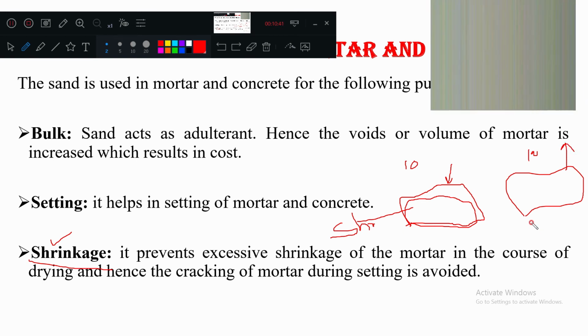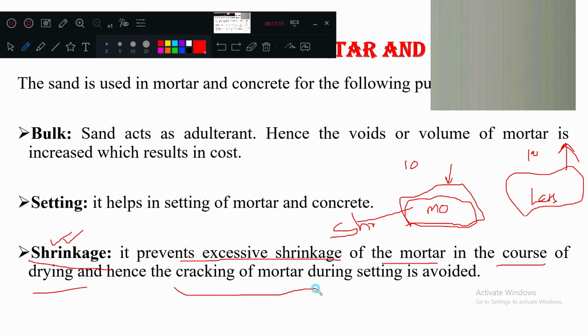What is happening? In both cases, shrinkage will be there as time goes. Shrinkage is more in this case and less in this case. Why? Because sand is more. When you add sand in a higher quantity, overall shrinkage is reduced. That is the advantage. So it prevents excessive shrinkage of the mortar in the course of drying.